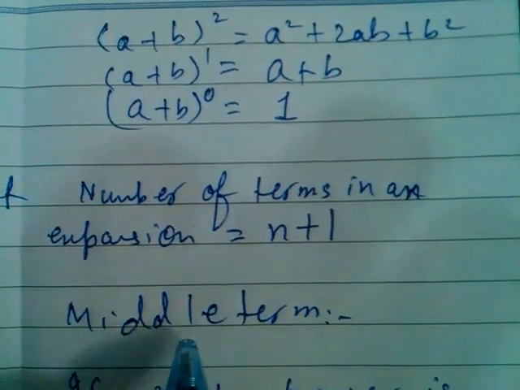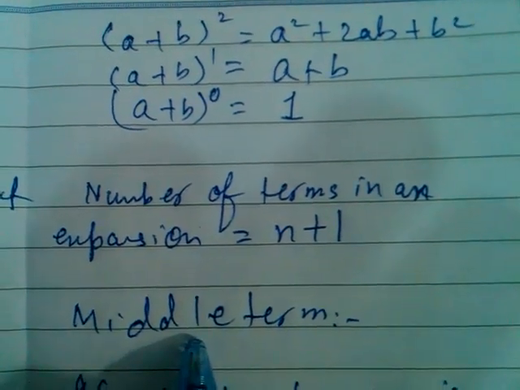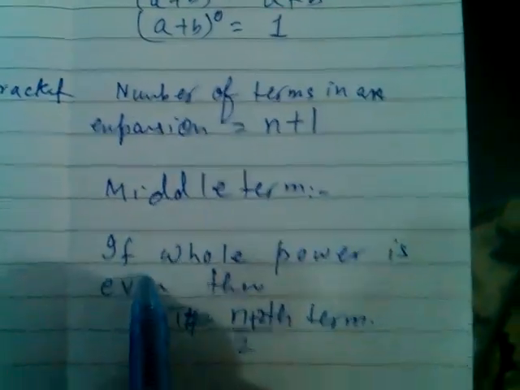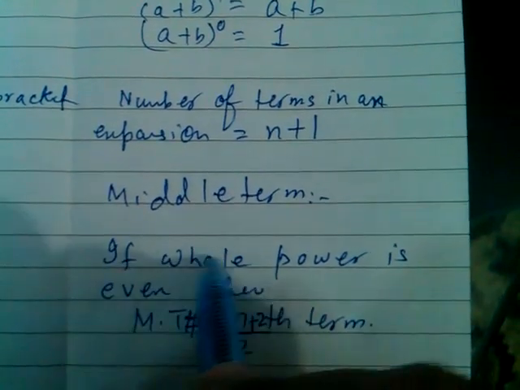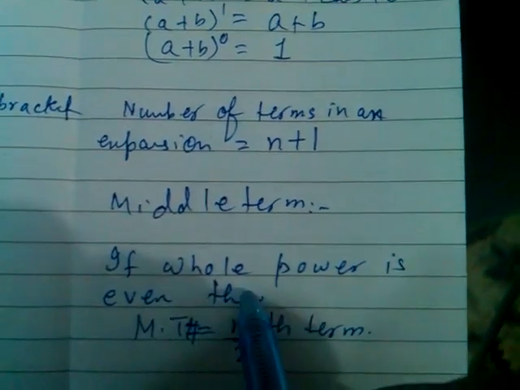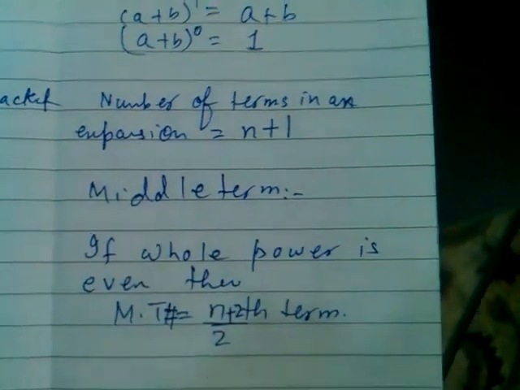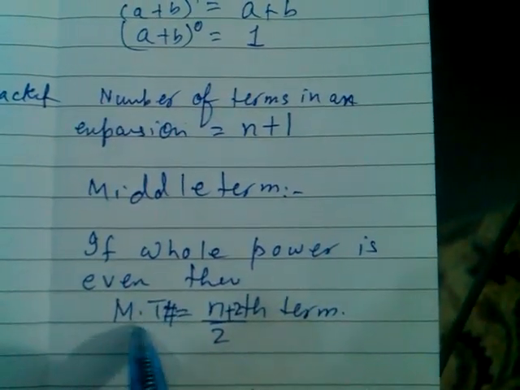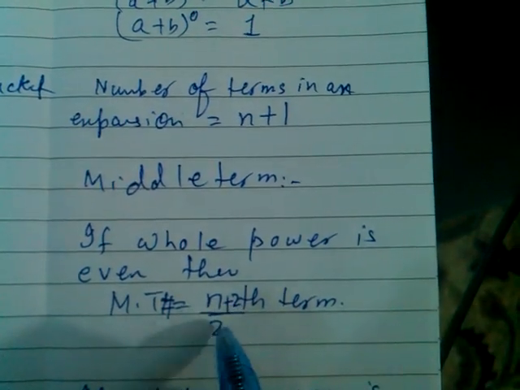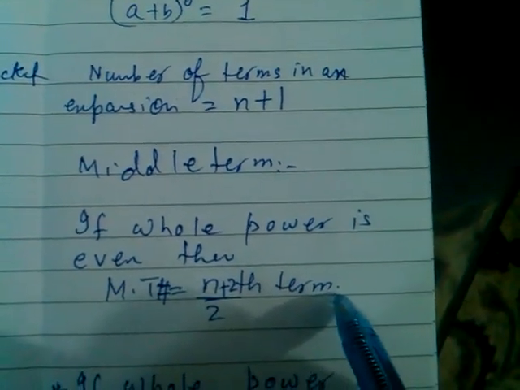So there are two types of question for middle term. One is if the whole power given to us is even, then the middle term number will be (n plus 2) upon 2 th term.